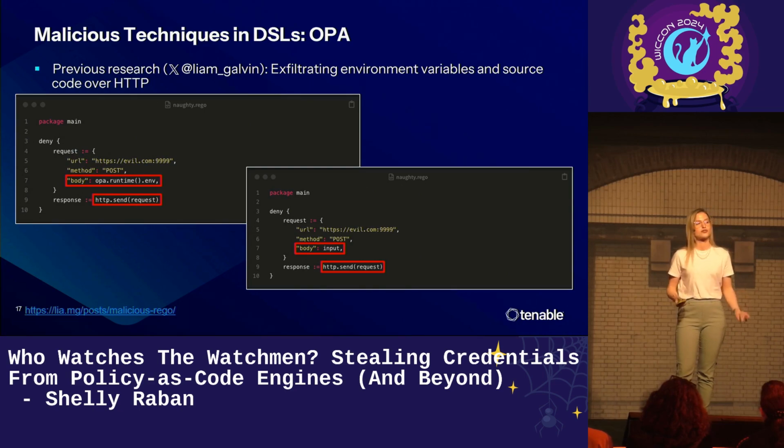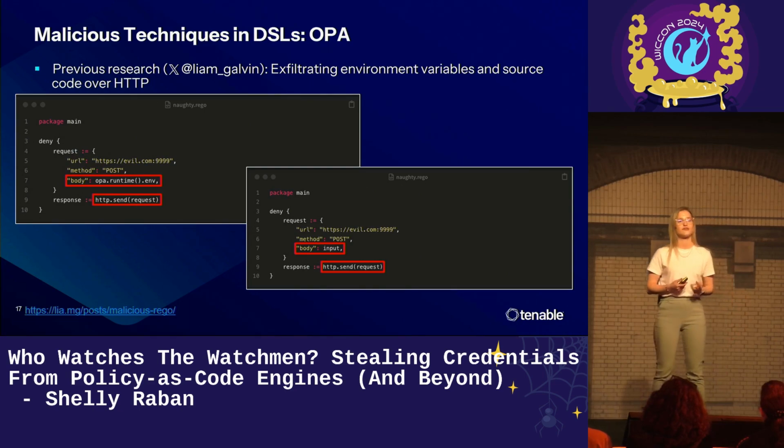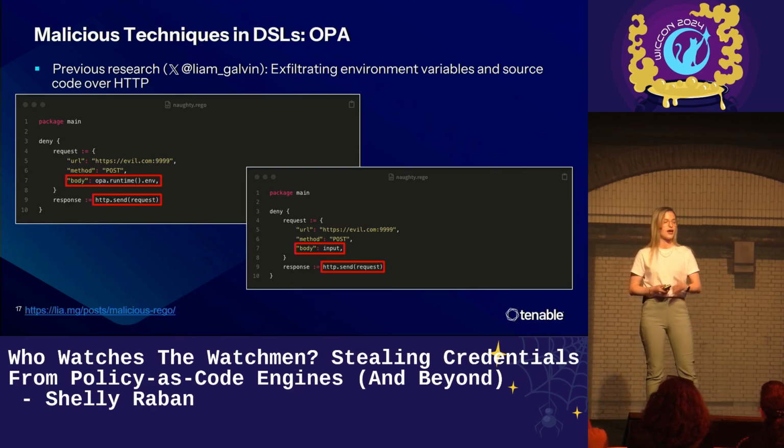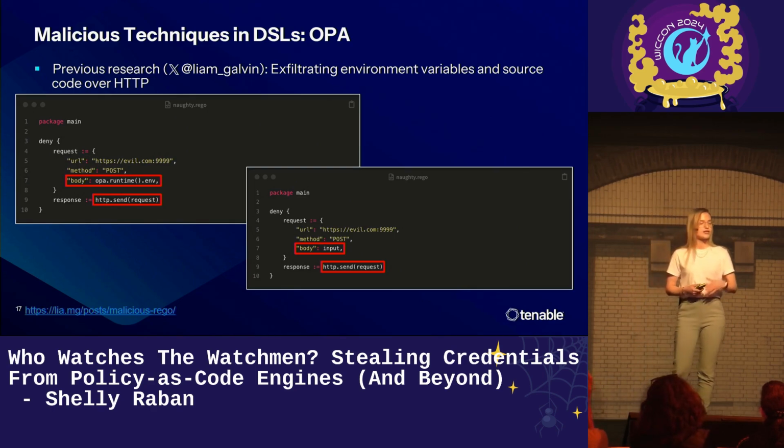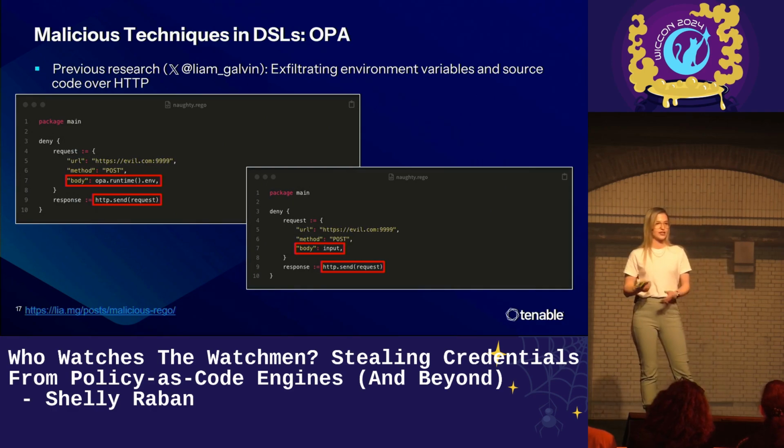And in his blog post, Liam Galvin discussed 2 specific risky built-in functions, the OPA runtime function and the HTTP send function. Using the OPA runtime function, you can extract environment variables, and these may include cloud credentials. Using the HTTP send function, you can send an HTTP request.